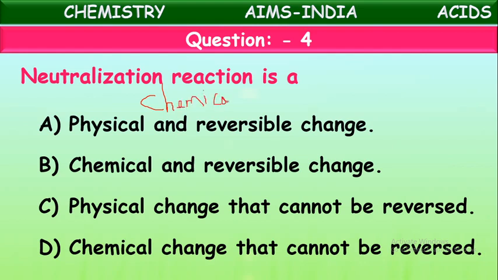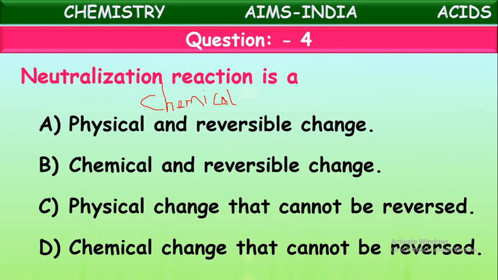And we have to see one more thing here. Is it a reversible change or an irreversible change? Yes, neutralization reaction is an irreversible change. It cannot be reversed. We can produce salt and water from acid and base, but from the salt and water we cannot get back those acids and bases.